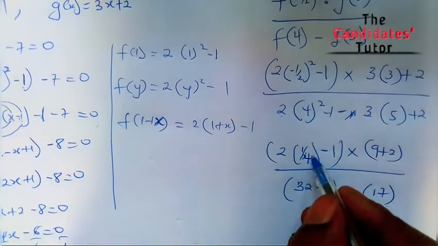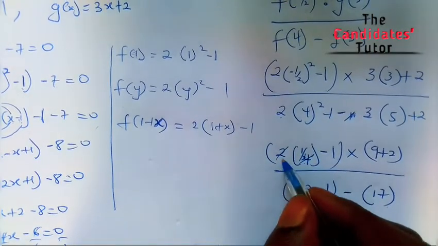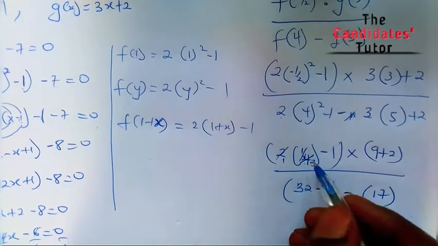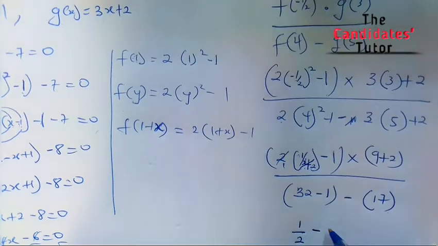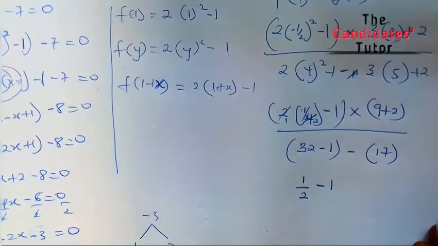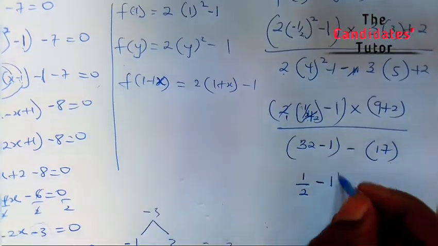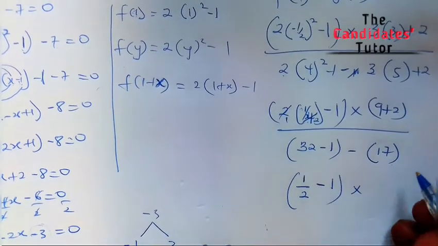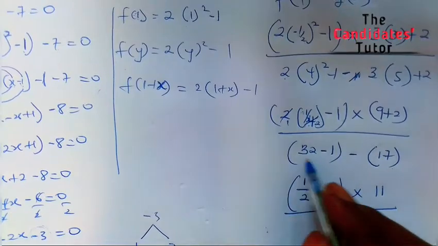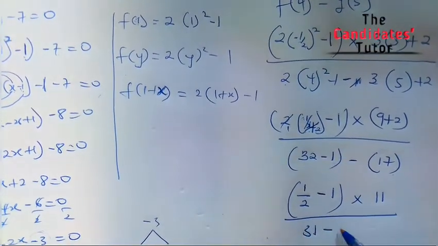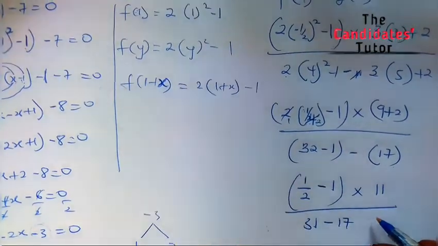Now, next, we can now divide this. 2 can go into this of 1 and go here 2 times. So you're going to have 1 over 2 subtracted from 1, like this. Then I'm going to have 11, all over 31 minus 17.